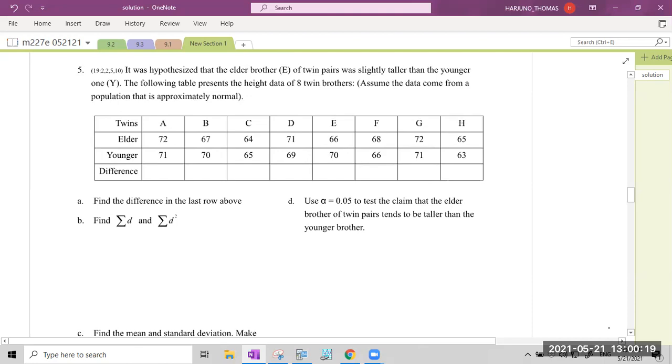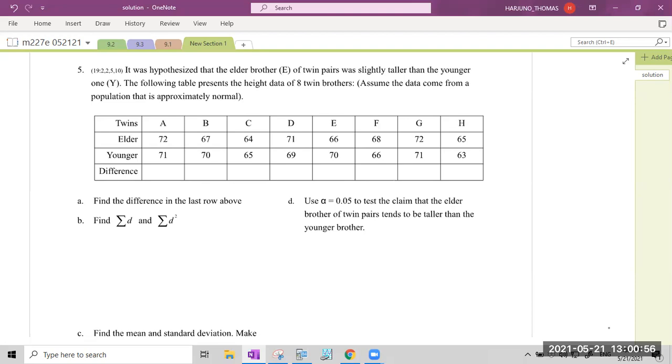Number 5. It was hypothesized that the elder brother of twin pairs was slightly taller than the younger one. The answer will be no. When you want to talk about slightly taller, you cannot do it this way. We still need to come up with a sample where the elder brother is significantly taller instead of just slightly taller.